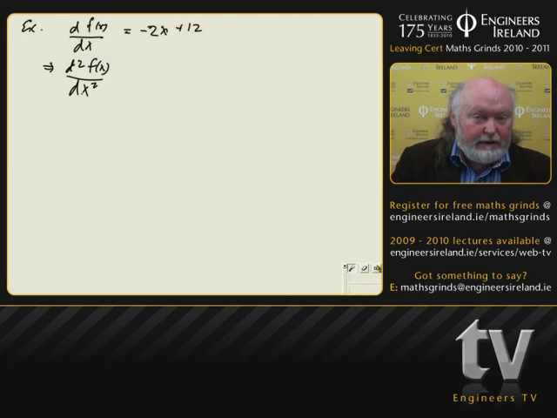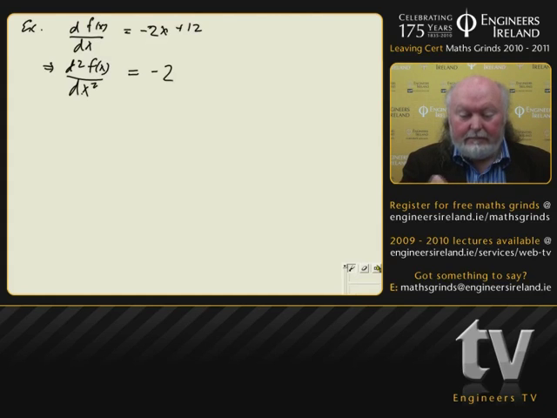And don't forget, f of x is just another name for y. What that is telling us is that everywhere in this function the second derivative is minus 2. It's a constant.